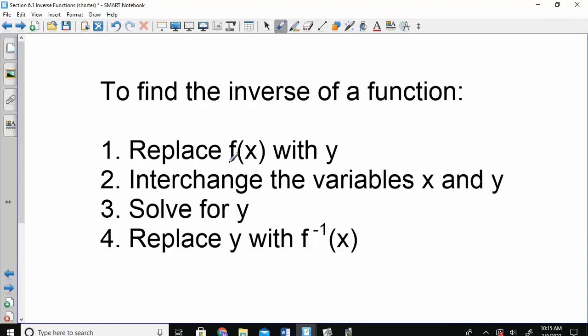We want an equation that we can graph, so we usually like y equals for that, so then we will solve for y. And then the final step, we want to change it back to function notation. And so to show that we have found the inverse, we will change our y to f inverse of x. So that's the 4-step process we'll do. Change f of x to y, switch x and y, solve for y, and change it back to the inverse.